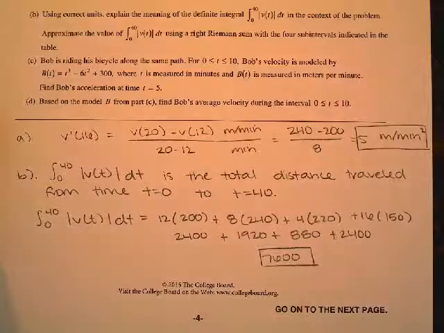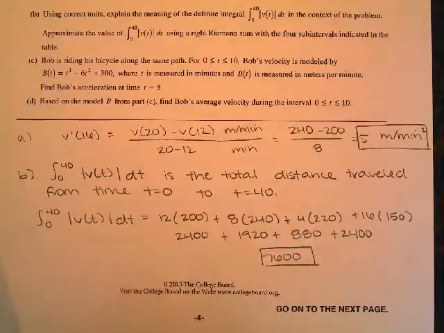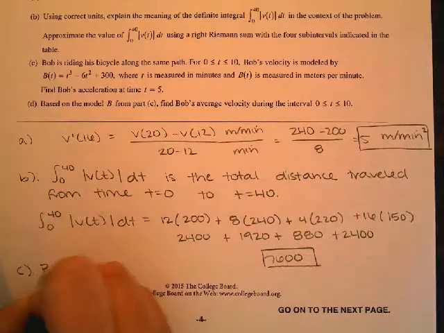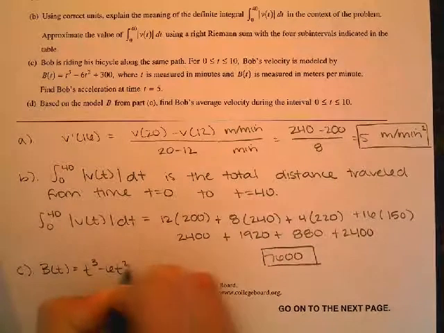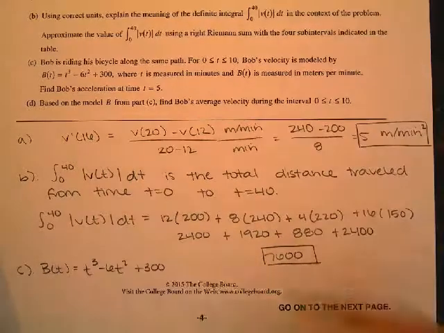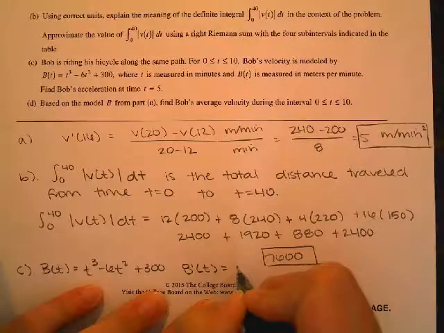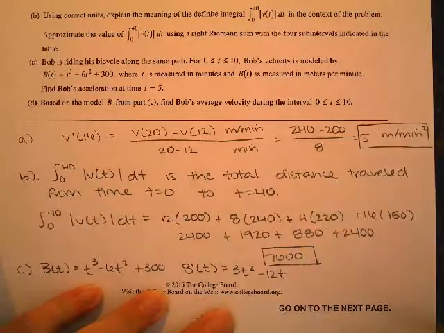Okay, part C says Bob is riding his bicycle on the same path, and there's his velocity. They want his acceleration when t equals 5. So for this one, we just have to say, okay, if b of t is t to the third minus 6t squared plus 300, then the derivative of that, which would be his acceleration, is 3t squared minus 12t plus 0.